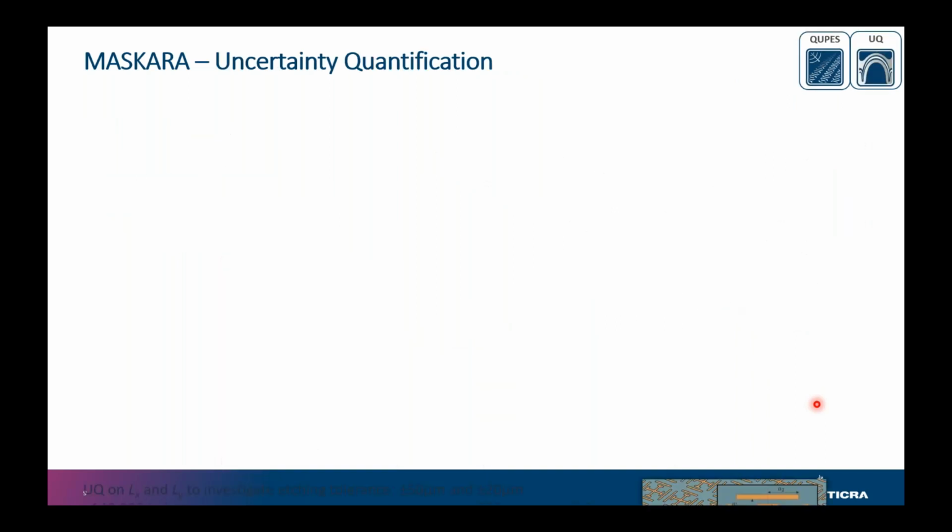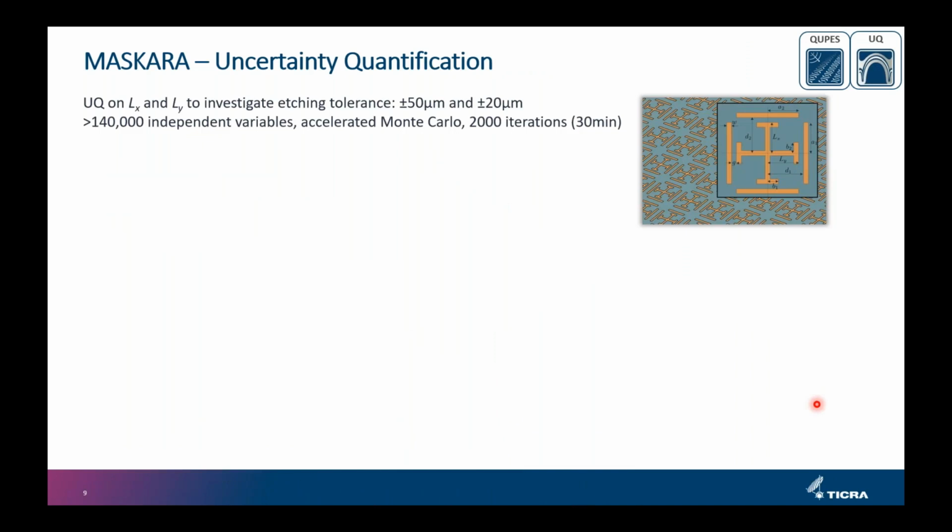So what we do when we have created this element and put it across our antenna is that we set up an uncertainty quantification analysis of it, just to make sure that the accuracy that the PCB manufacturer can deliver can actually live up to what we need. So here we have investigated 2 different tolerances of plus minus 50 microns and plus minus 20 microns.